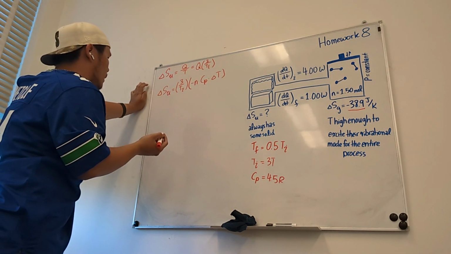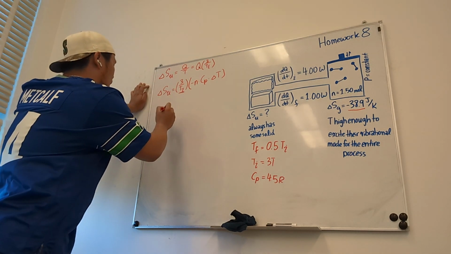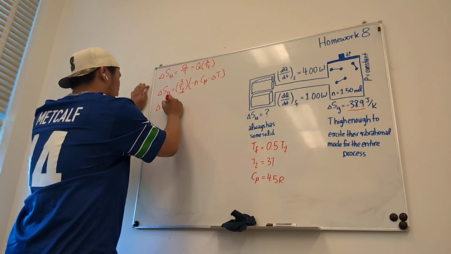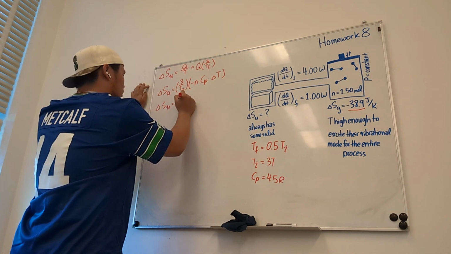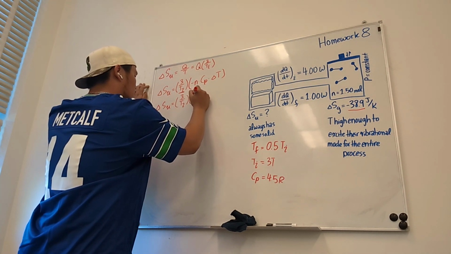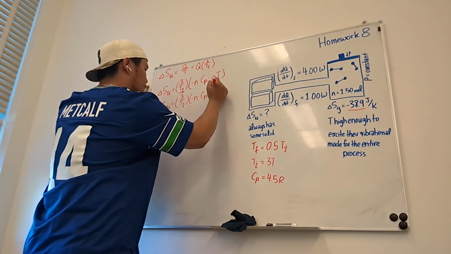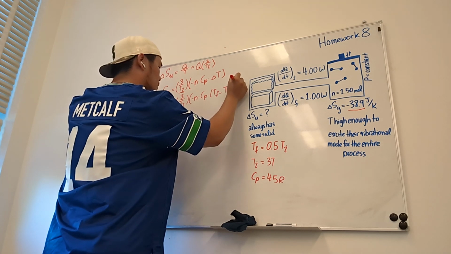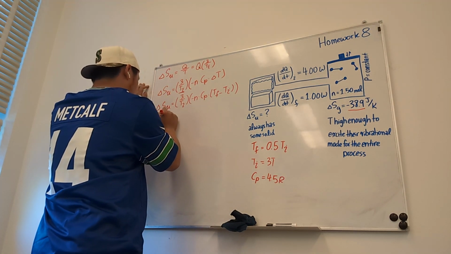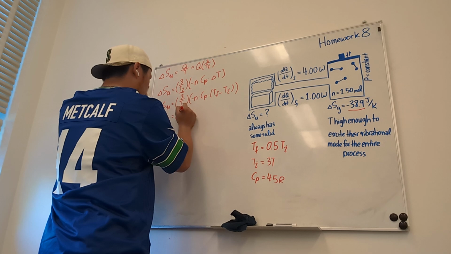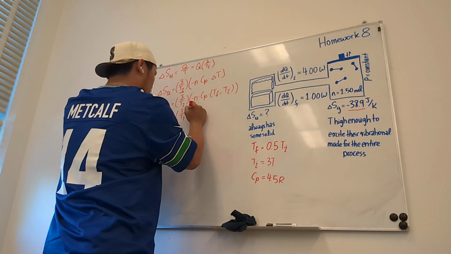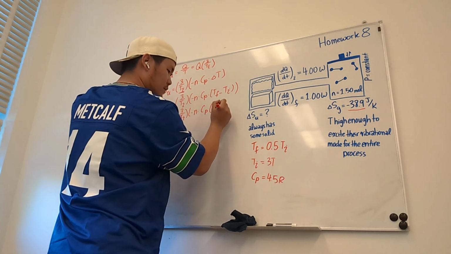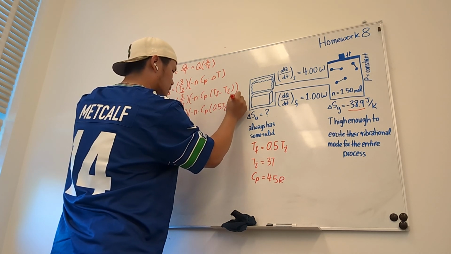So what does this do? Well, we're going to see that this Ti is going to be gone. So now we get delta S U is equal to 3 over Ti, negative N Cp times T final minus T initial. Delta S U is equal to 3 over Ti, negative N Cp, 0.5 Ti minus Ti.